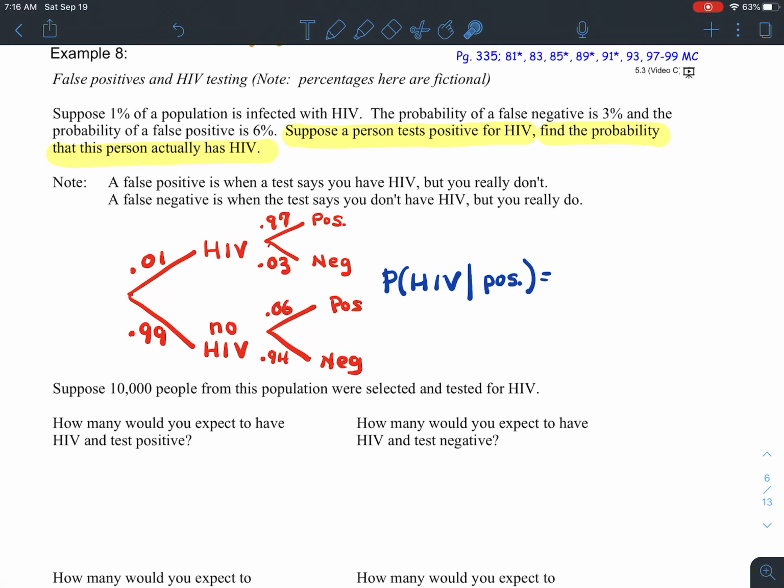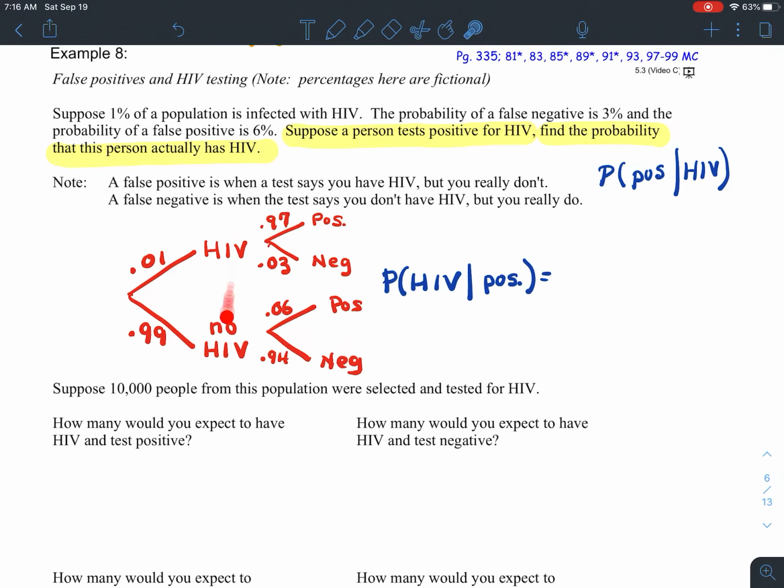So this is a conditional statement, but I need to check and see, is the condition from my first column? If the condition is not from the first column, then I need to use the formula.